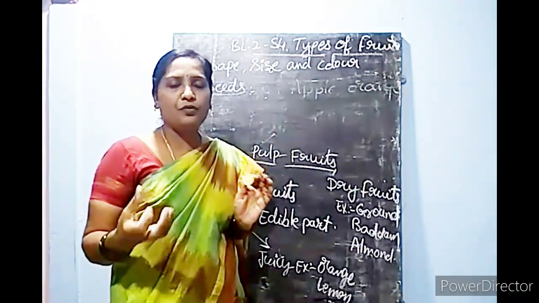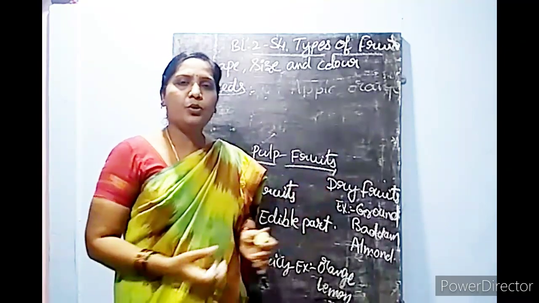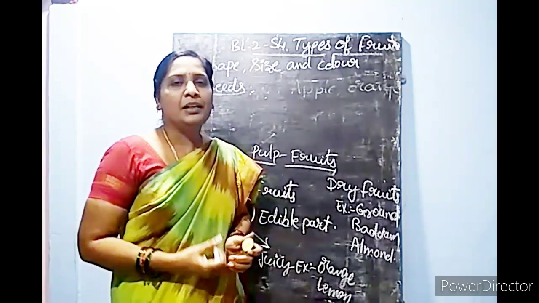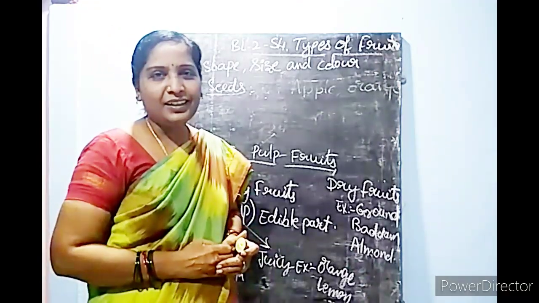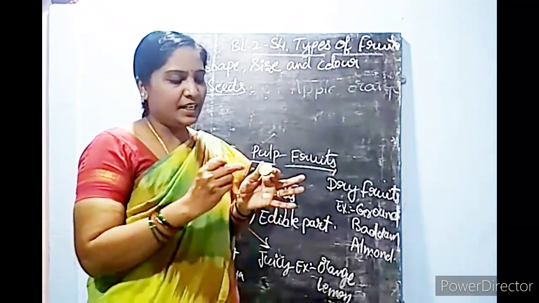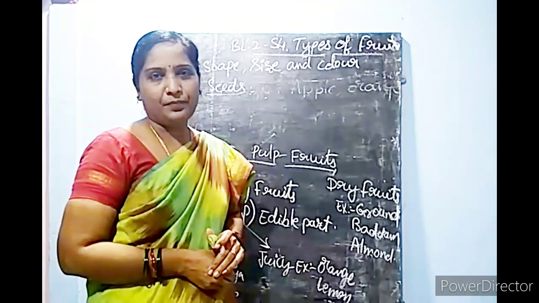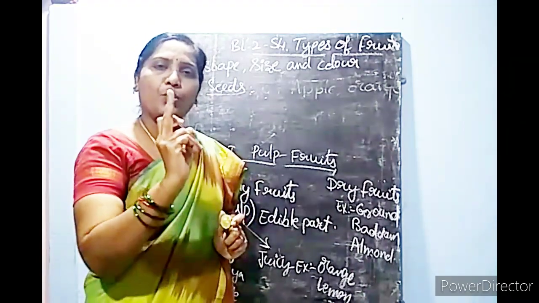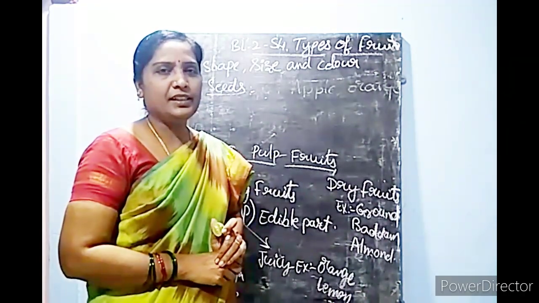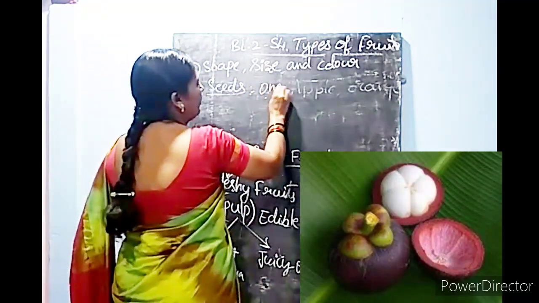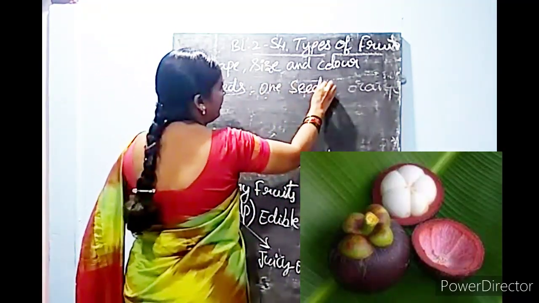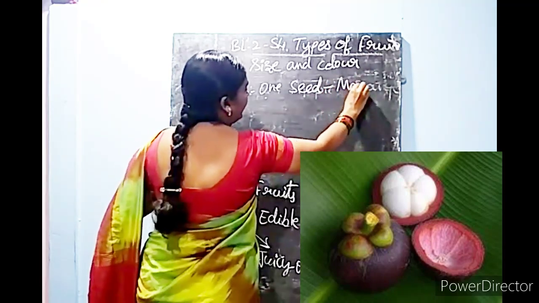Does the apple have few seeds, many seeds, or no seed? Apple has a few seeds inside, like our lemon. And which fruit has only one seed inside? Yes, you are right. That is mango. Mango has only one seed.